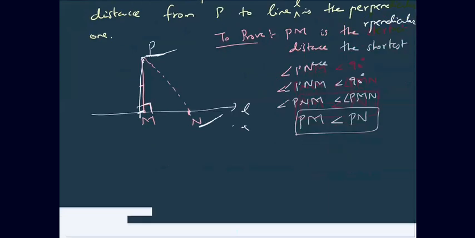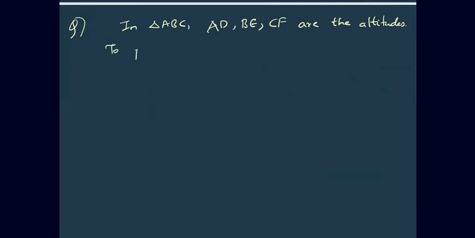Okay, so let us just move on. In triangle ABC, AD, BE and CF are the altitudes. You need to prove that AB plus BC plus CA is greater than AD plus BE plus CF.